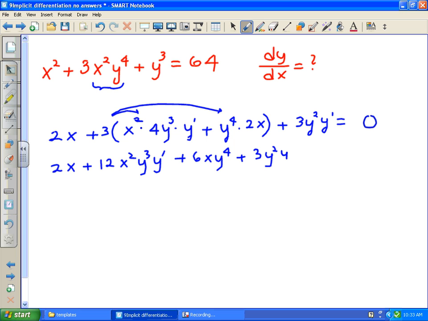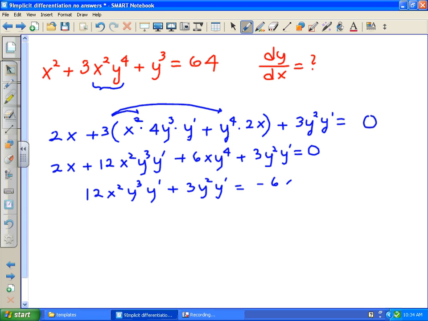Now, my goal was to solve for dy dx, right? So I need to keep my y prime terms maybe on the left and put everything else on the other side. So I'm going to keep them on the left-hand side. And everything else goes on the right as subtraction.